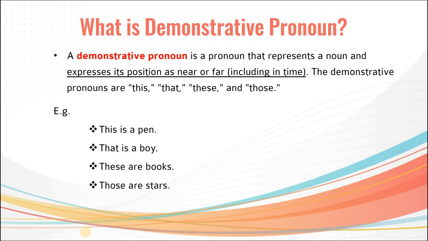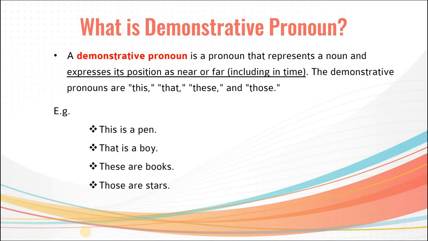So by the use of this pronoun, you describe the thing, that it is singular and it is near. When you say that's a boy, with the use of that, you clarify that the thing I'm talking about is not near to me, but it is singular.